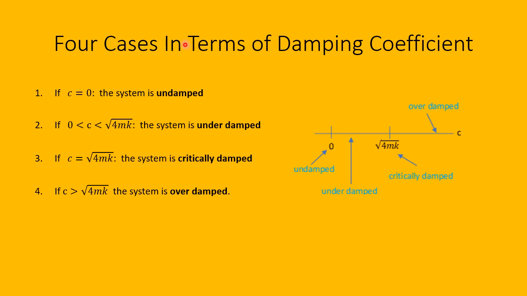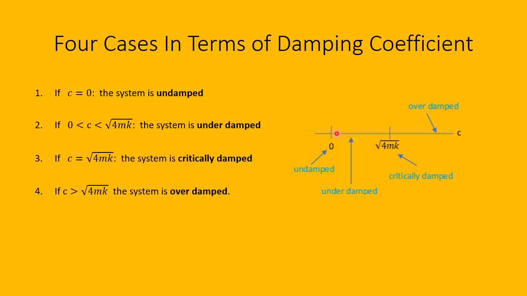So let's summarize what's happening in the four cases in terms of the damping coefficient c. We have a number line here which represents possible values of c. If c equals 0 right here, the system is undamped.